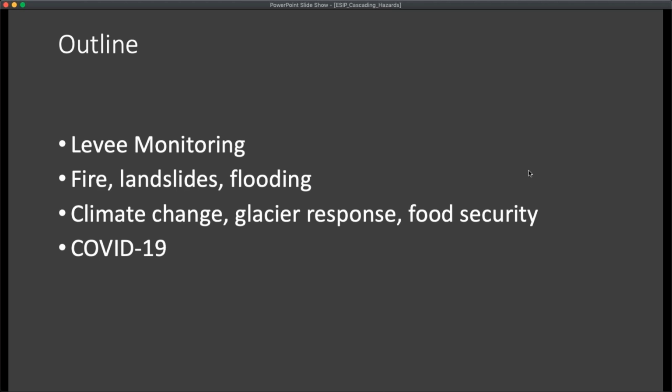Similarly, one could make the case for climate change, glacier response and food security, but someone can argue that the time scale there might be long enough that this can be prevented. I also wanted to talk about COVID-19 and some of the ongoing efforts at the very end, and how I think that could have a cascading impact too.